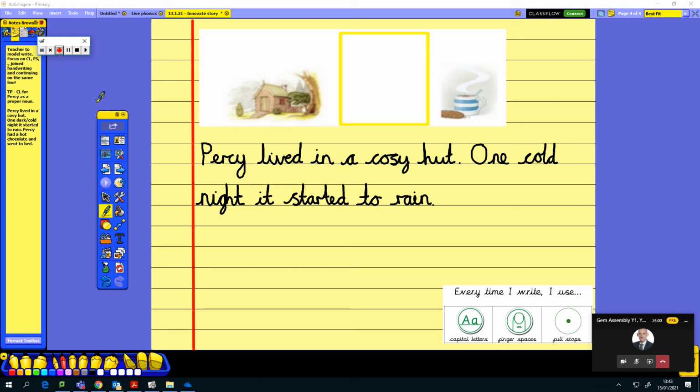Well done, Year 1. I wonder if you sounded out the words night, started and rain. Can you see that the word one starts with an ascender and the ascender reaches the top of the line?